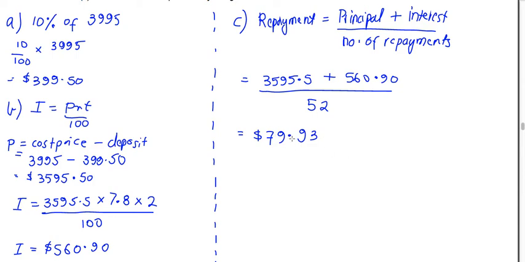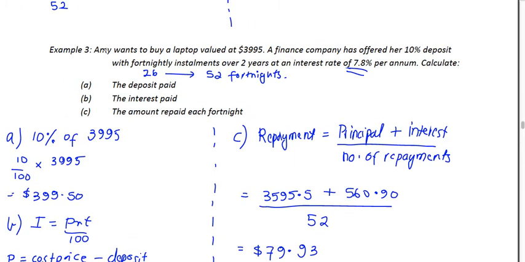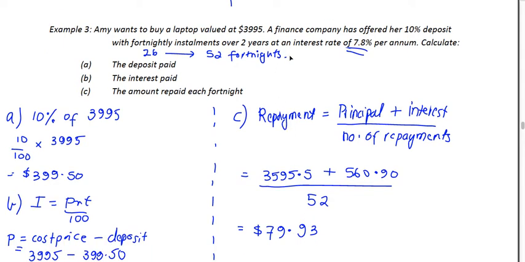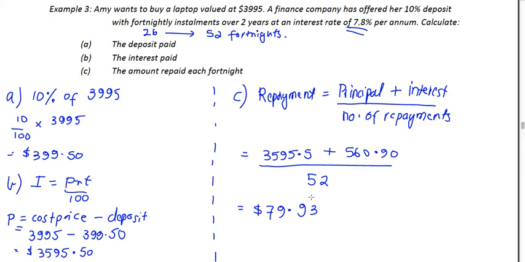So every fortnight, Amy needs to pay $79.93. It's quite a lot if you think about it. So it's nearly $80 a fortnight. It's nearly $40 a week. So imagine that, $40 a week for 2 years. And then she would finally have paid off that laptop.